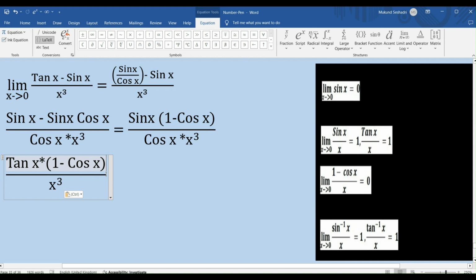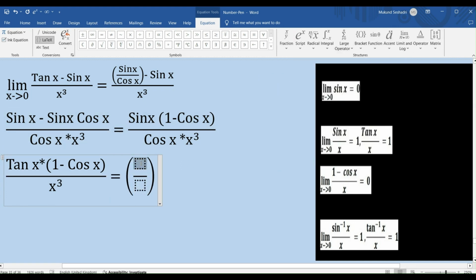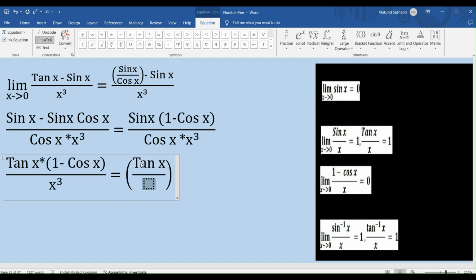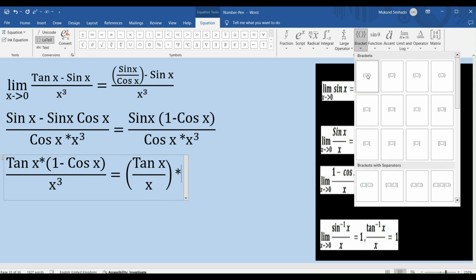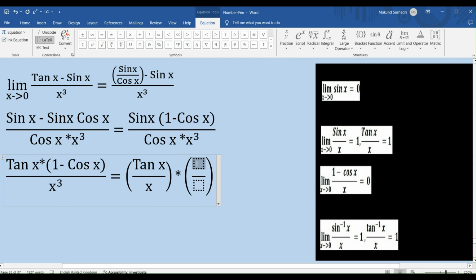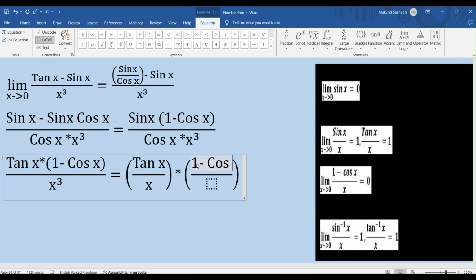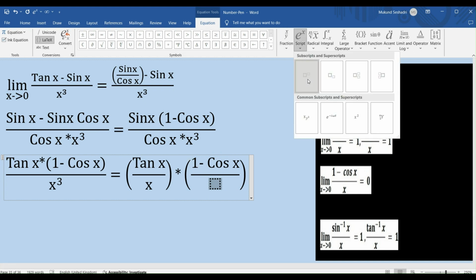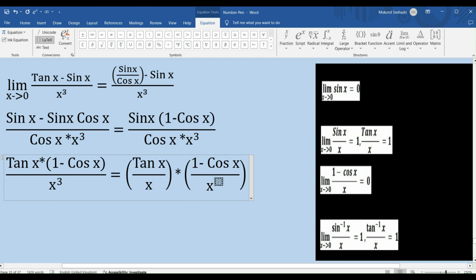I can write x cube further as x into x square, right? And I can combine, and I'm going to bracket it now. Tan of x by x into 1 minus cos x by x square, right?